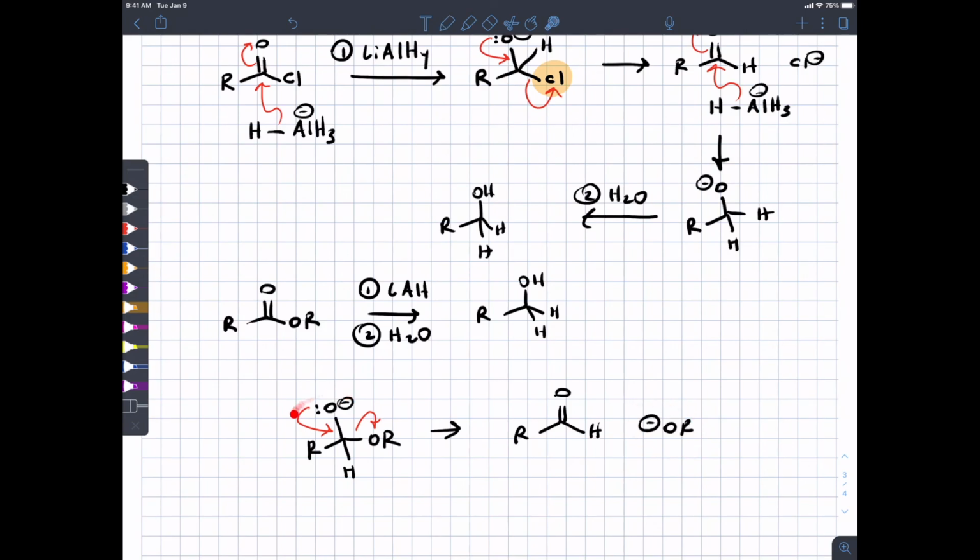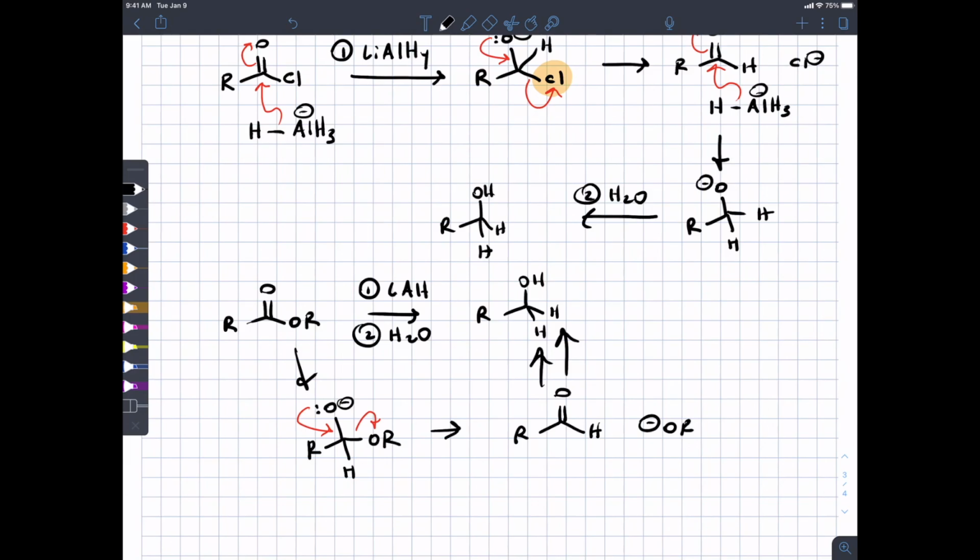This is about as stable as that, so this forward reaction is favorable. You make the aldehyde, and again, you can't stop, and you go on to the alcohol. All right? So lithium aluminum hydride is reactive enough that if you start with an ester or an acid chloride, it's going to go all the way to the alcohol.